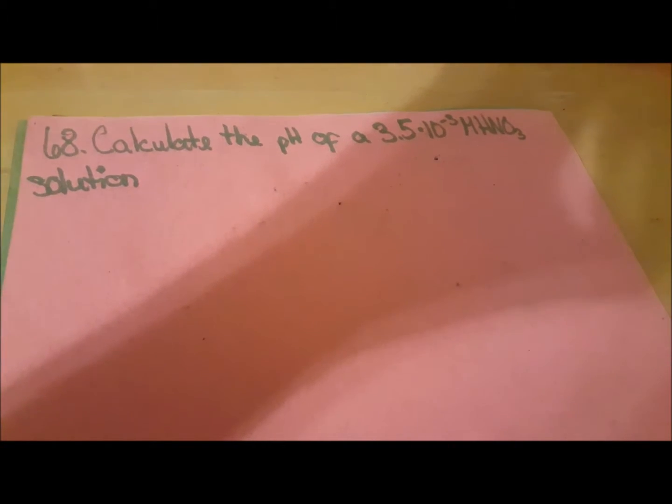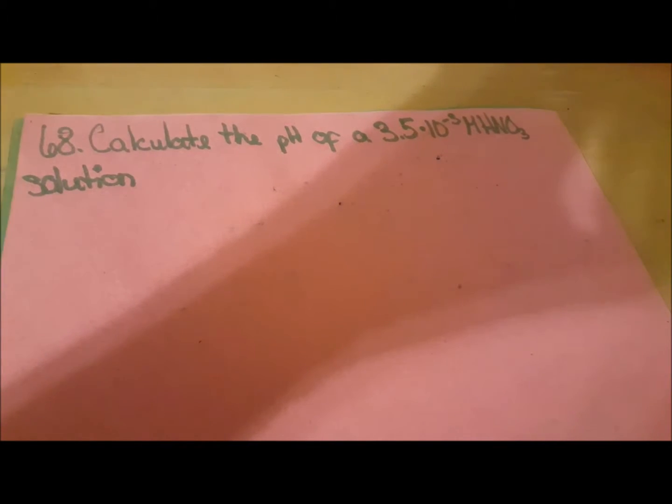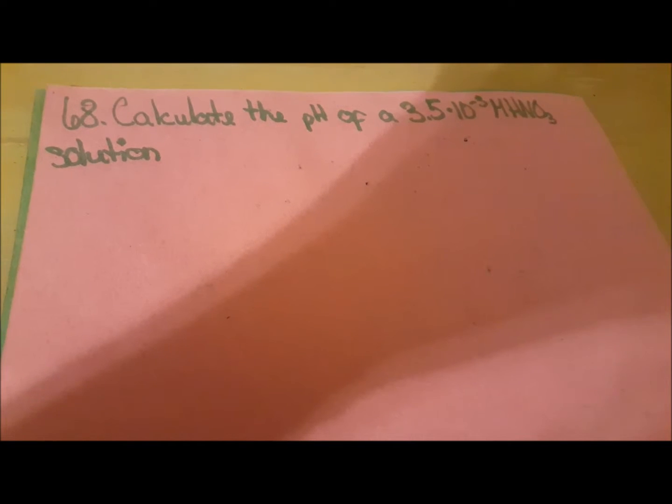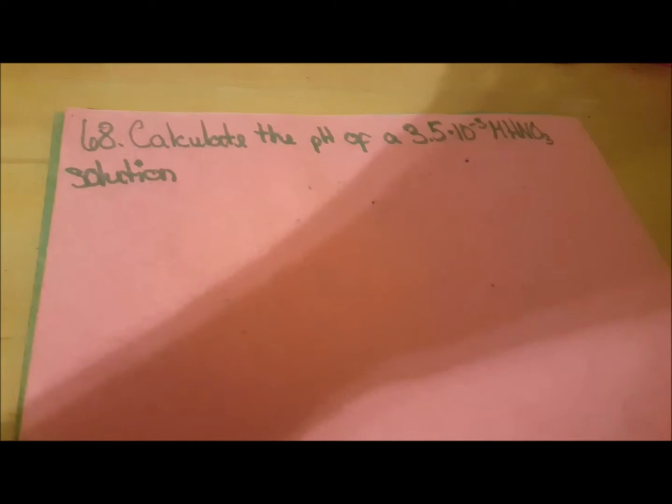For number 68, we need to calculate the pH of a 3.5 times 10 to the negative third molarity of HNO3 solution.